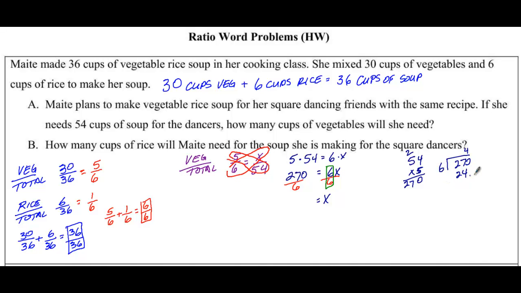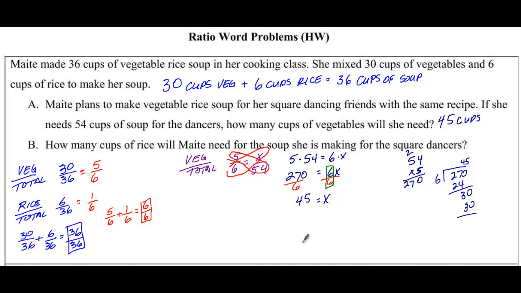That's going to be 24. That leaves a 3, bring down a 0. 6 goes into 30 5 times exactly. I'm going to need to move that down a little bit because I'm going to have some more work going on up there. So let me just move my scratch work out of the way. And so I got 45. So we're going to need 45 cups of vegetables.